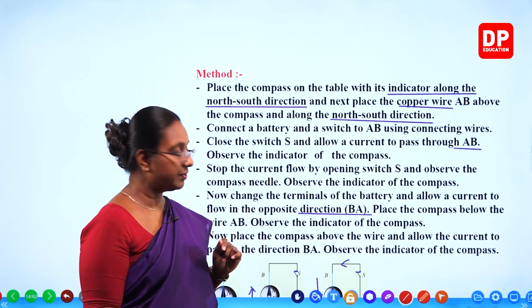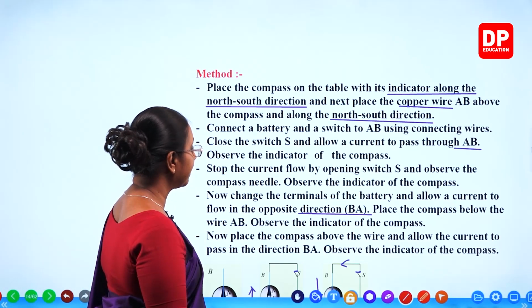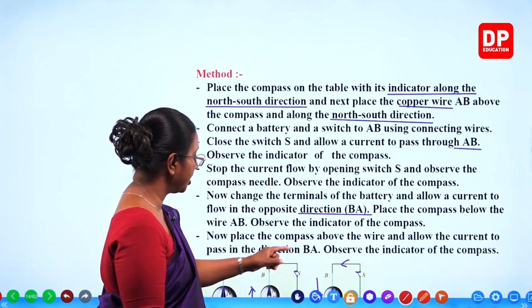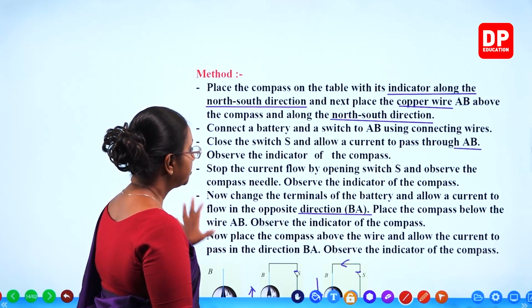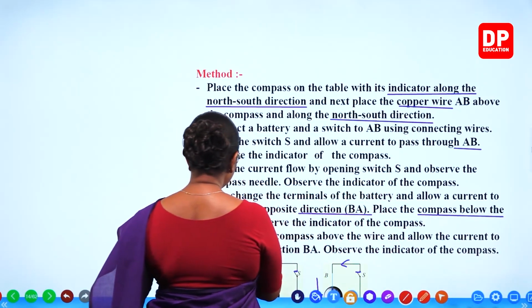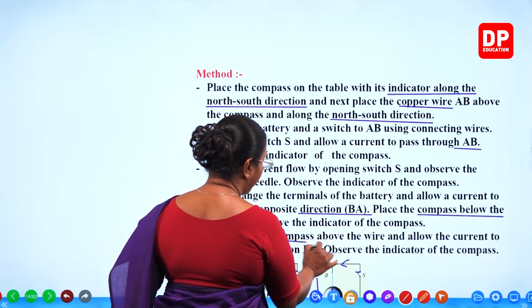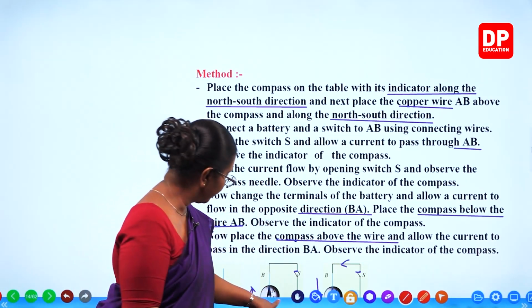Observe the indicator of the compass. Now place the compass above the wire and allow the current to pass in the direction BA. Observe the indicator of the compass. So here, compass below the wire, and compass above the wire. So that is what I explained to you all.